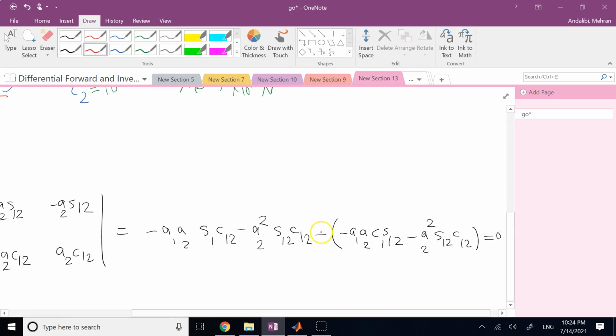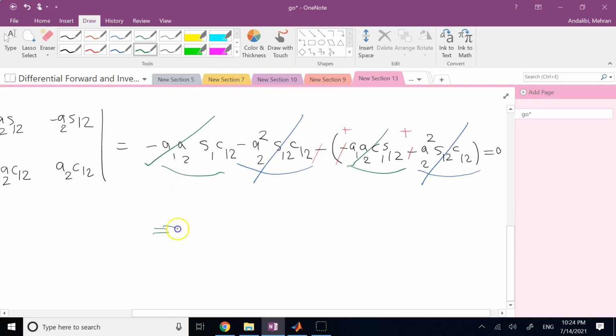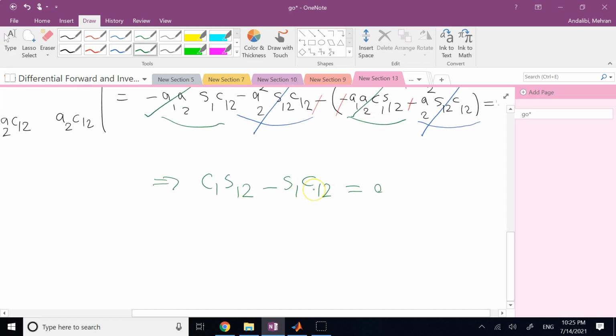Now, when you apply this negative to both of these, they all go positive. And if you look now, this positive A2 squared S12, C12 with the negative of that term would go away. These other two terms both have A1, A2 in them, and the other hand side is 0. So I can get rid of this A1, A2, and all that remains is C1, S12 minus S1, C12. This has to be equal to 0. And now what is this?